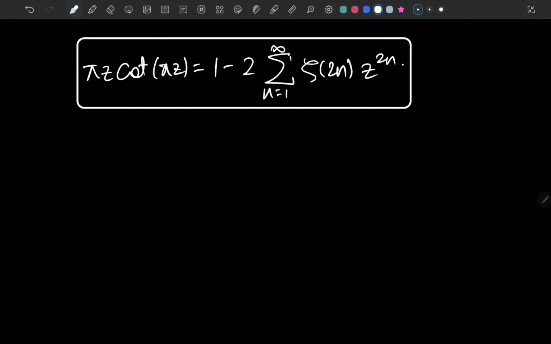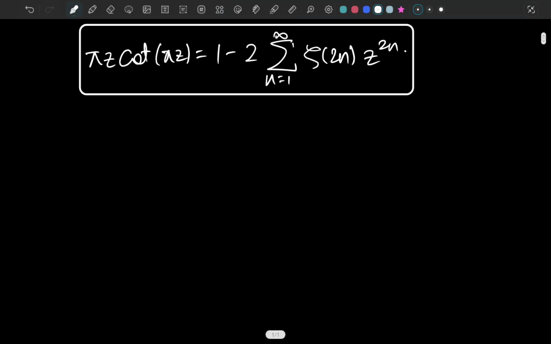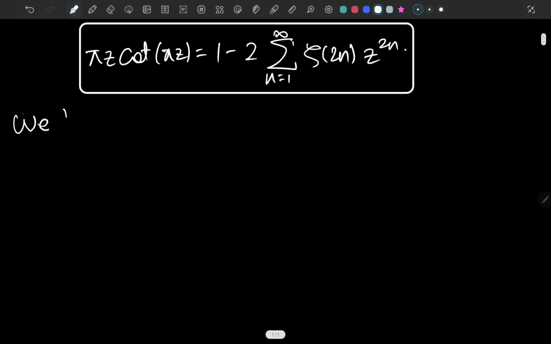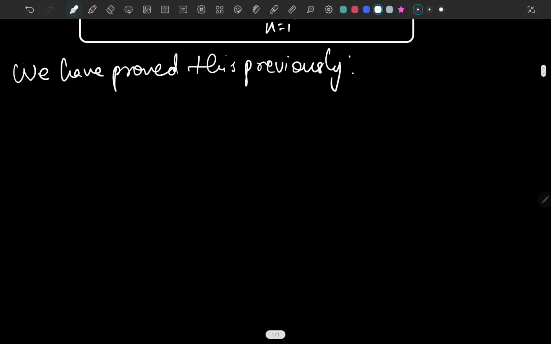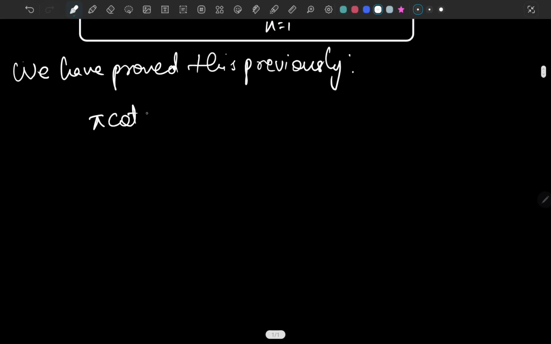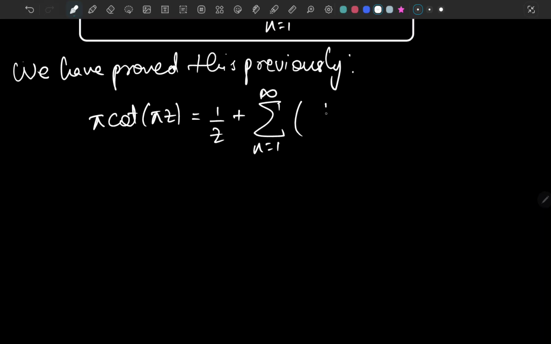Now let's talk about the proof of this. From the thing that we have proved previously, we are going to use that. What's that? It's pi times cotangent of pi z equals 1 over z plus the sum as n goes from 1 to infinity of 1 over z plus n plus 1 over z minus n.